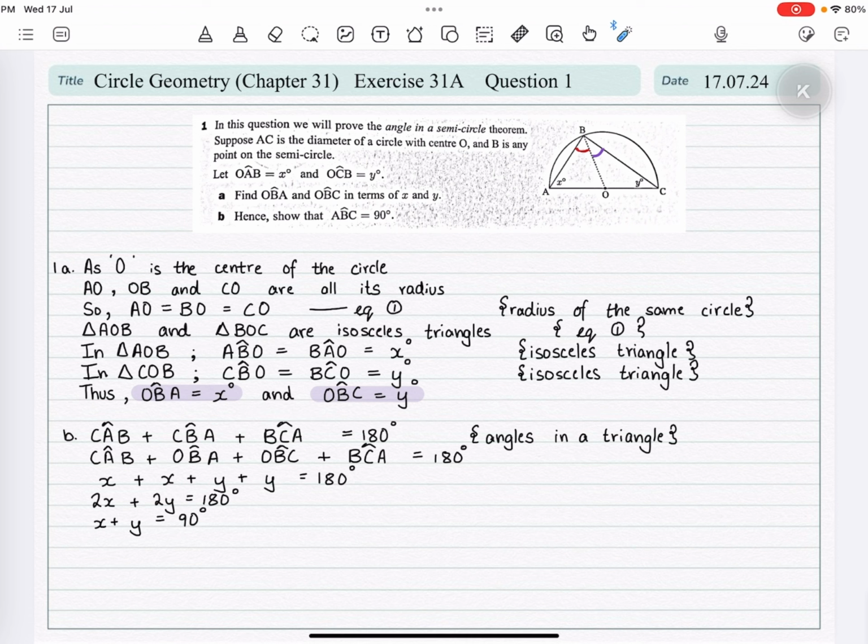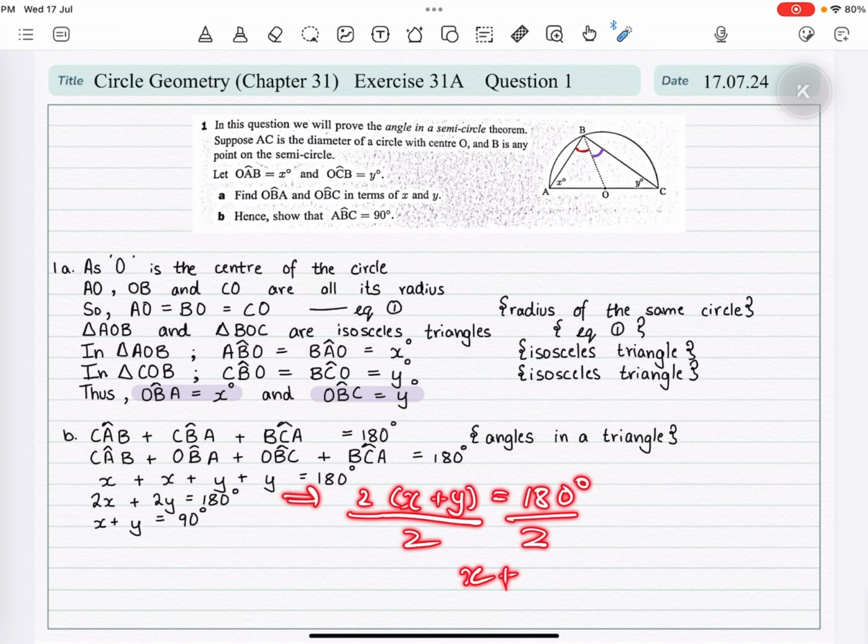We take 2 out, so we get x plus y is equal to 90 degrees. What happened here is that 2x plus 2y is equal to 180 degrees, so we divide both sides by 2 and get x plus y is equal to 90 degrees.